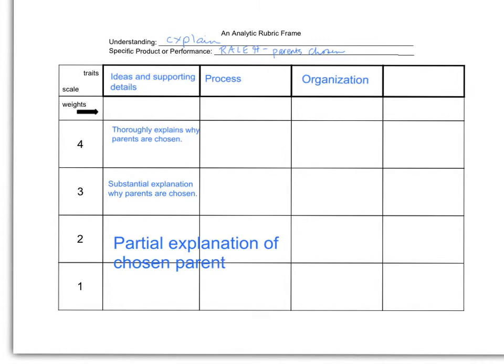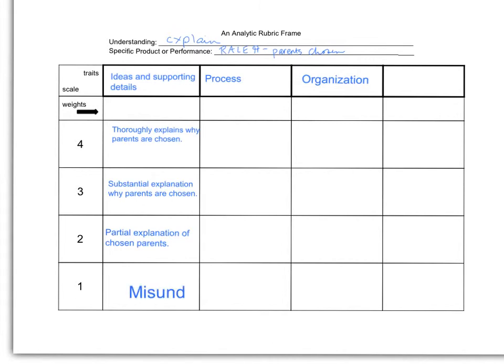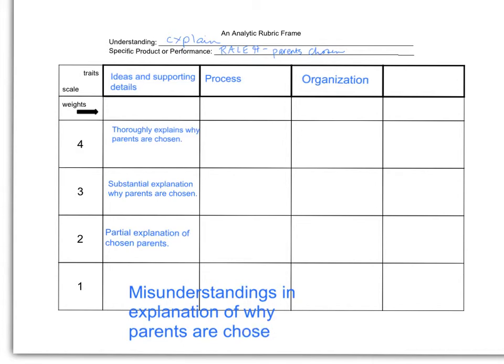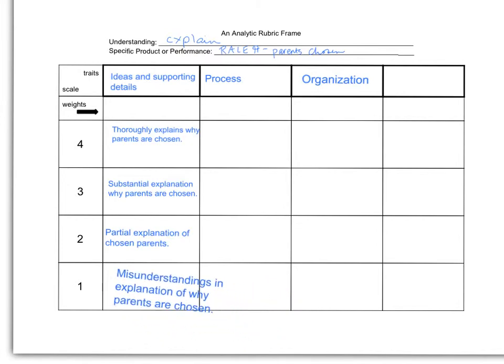Maybe they're missing some key points here. Pardon the bell. Sorry. And the final section is going to be misunderstandings. So there are misunderstandings in the explanation of why parents are chosen. I might go through later and clean up some of this wording so that it's a little more uniform. But right now, this is my rough draft, so I'm just getting my thoughts down on paper.